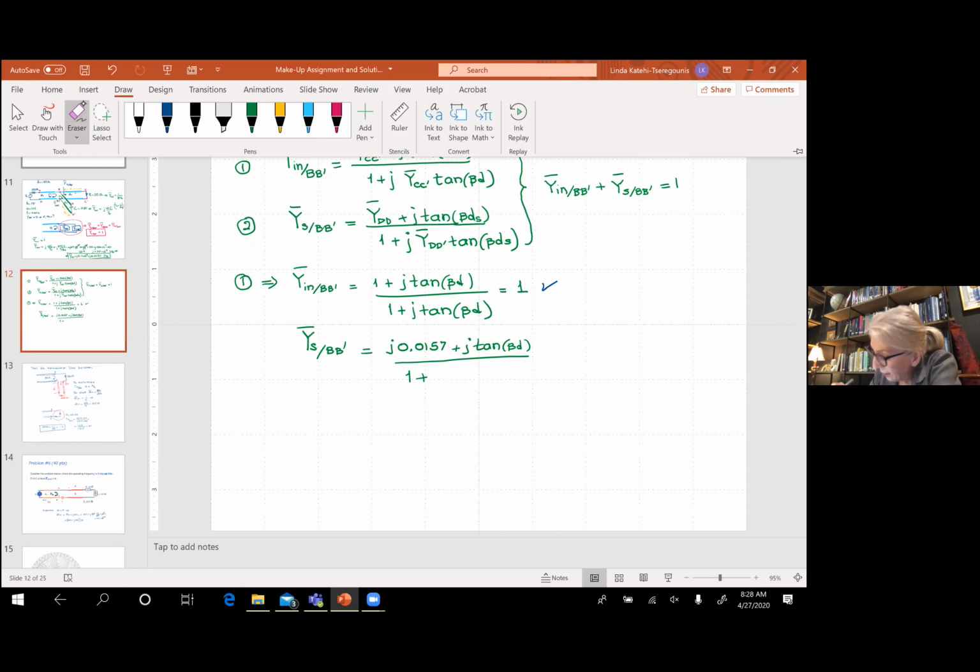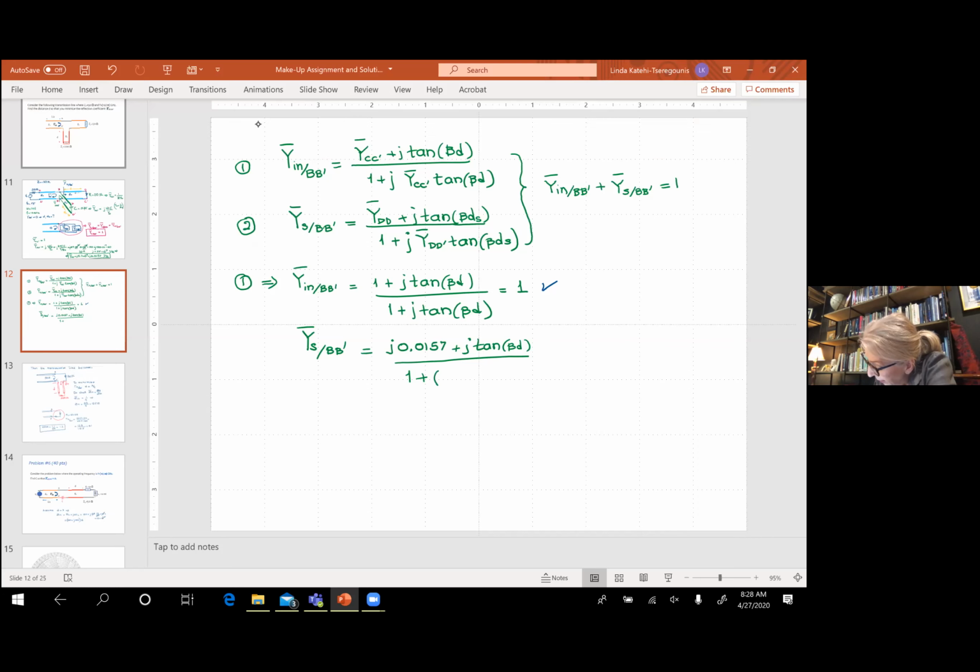Or in fact, I can show it to you explicitly. So I write here J 0.0157 times J tangent beta ds.